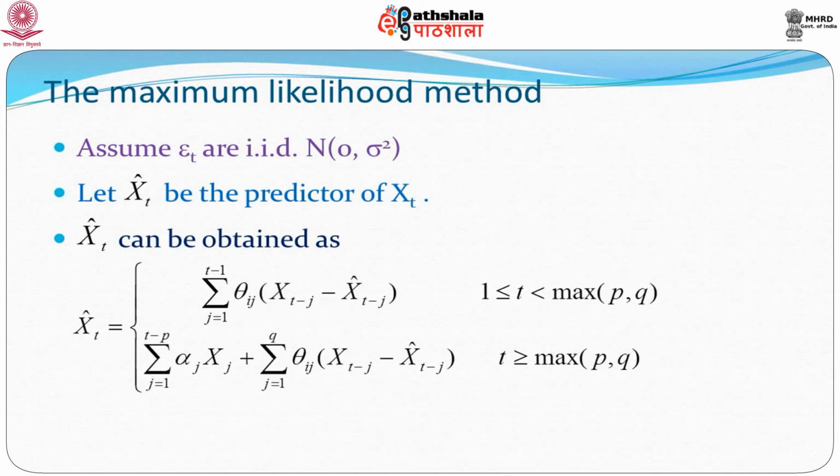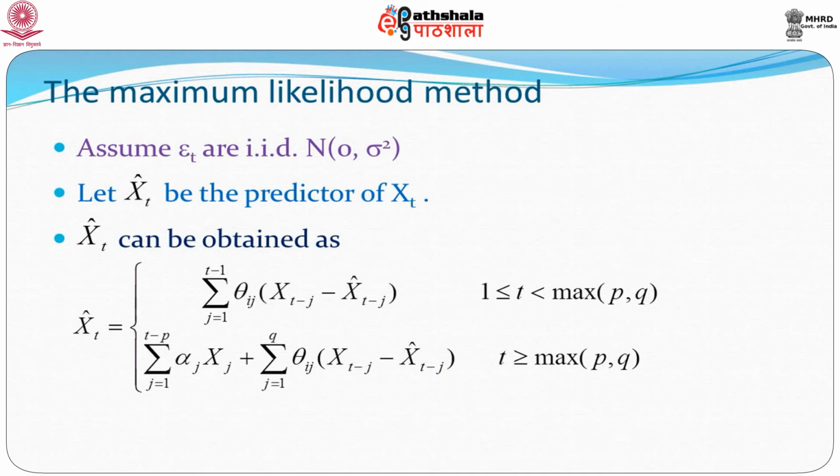So, y_{t-j} minus y_{t-j} hat are basically the residuals at the (t-j)th step, and we take a linear combination of these using theta_{ij} as the coefficients, and y_t hat can be shown to be written in terms of these past residuals.